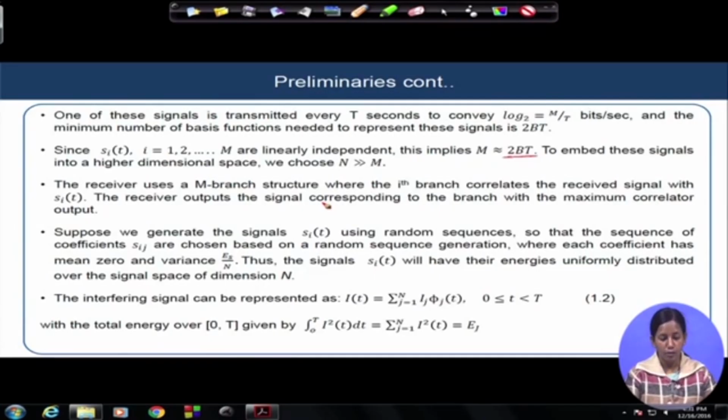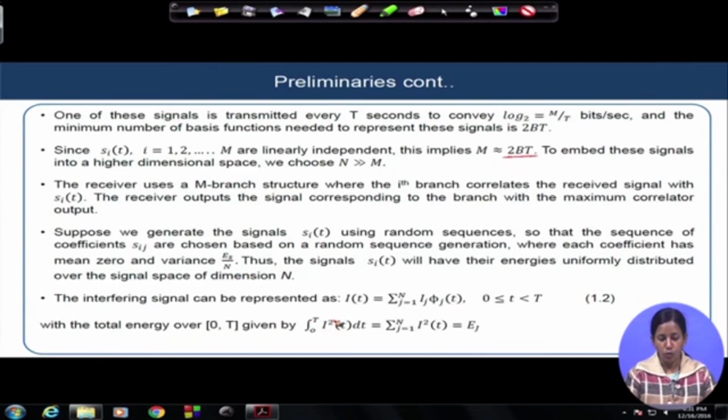So suppose we generate the signals s_i(t) using a random sequence, so that the coefficients s_ij are chosen based on some random sequence generation. Each coefficient has mean 0, and the variance will be the total signal energy Es divided by capital N, because N is the n-dimensional space over which you express the signal.